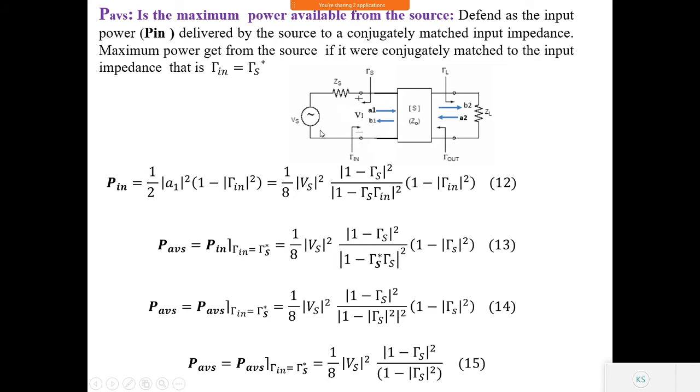If Γ_s is not matched with Γ_in, some P_in will be delivered to the network. But assuming Γ_s is complex conjugate matched with Γ_in, how much maximum power will this source deliver to this network? That is called P_AVS. So that is the definition.